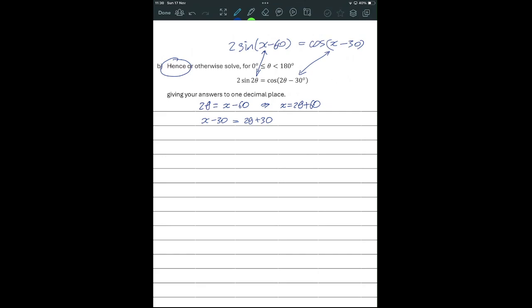Yeah, that doesn't seem to work, does it? So that might be a case where this was another typo in the paper. If that was plus 30, then it works. Negative 30 does not.